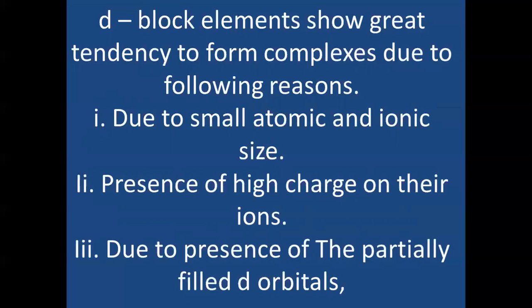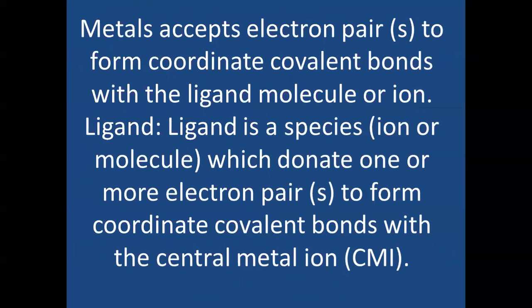If they are already present, okay, otherwise they will create vacant d orbitals due to the influence of ligand, and then those vacant d orbitals are ready to accept the pair of electrons from the ligand. The metal accepts a pair or pairs of electrons to form coordinate covalent bonds with the ligand molecule or ion.